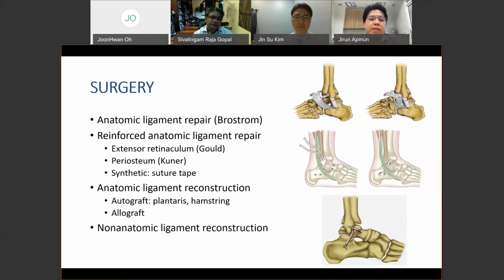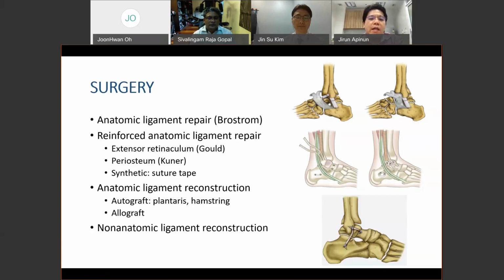However, in patients with generalized ligamentous laxity, poor ligament remnant, or high risk, we may need to perform anatomic ligament reconstruction by autograft harvested from the plantaris or hamstring tendons. Or we can use allograft. However, we don't have allograft in Thailand yet. The non-anatomic ligament reconstruction can be used as a second line after a failed anatomic repair or reconstruction.